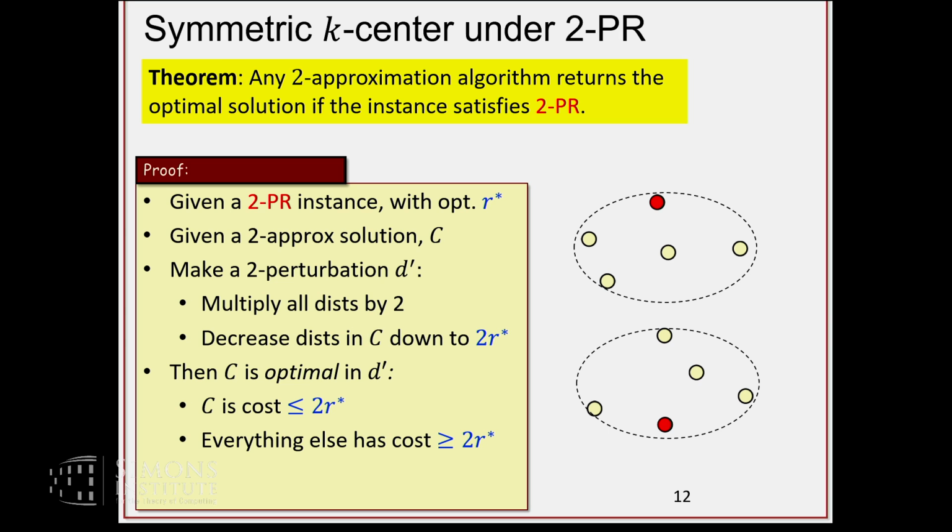Then I increased everything by a factor of 2, so anything else has to be greater than or equal to 2R star. So that implies that C is optimal under this perturbation. And then, using the assumption of two perturbation resilience, we can show that C had to be optimal originally.